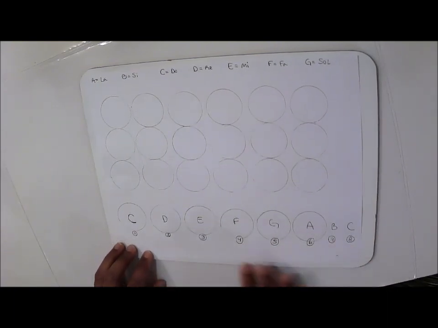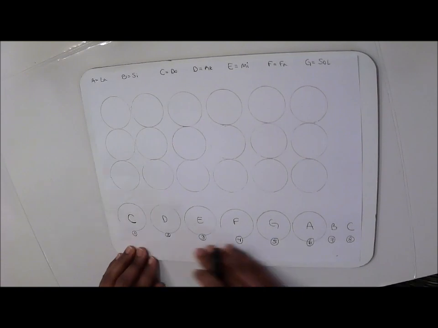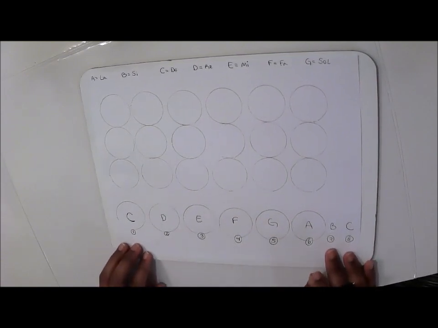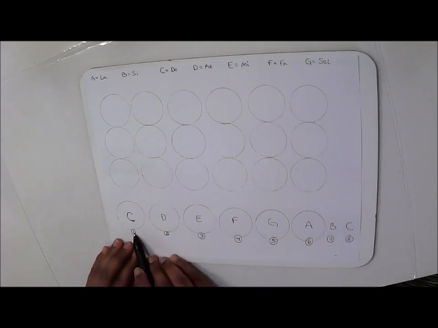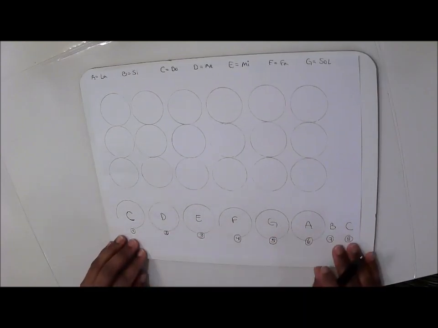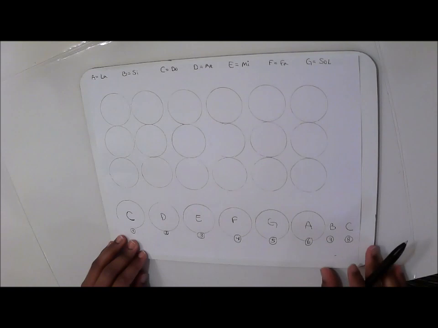This is referring to the order of the notes of the scale, and it is very important. I chose to use these types of numbers and not the Roman numerals for a specific reason that you will see later.